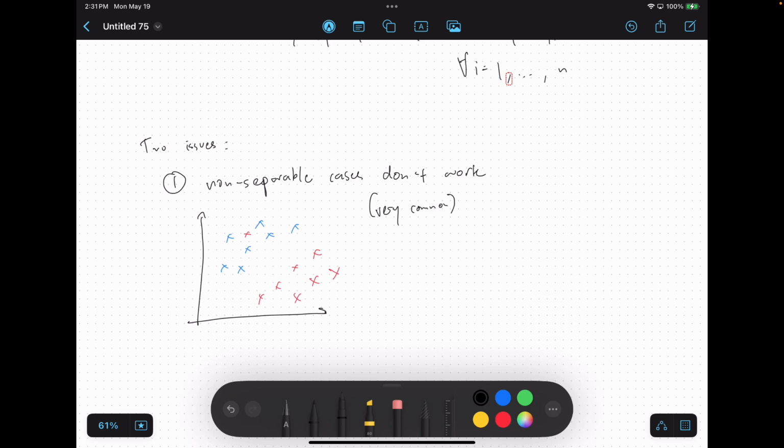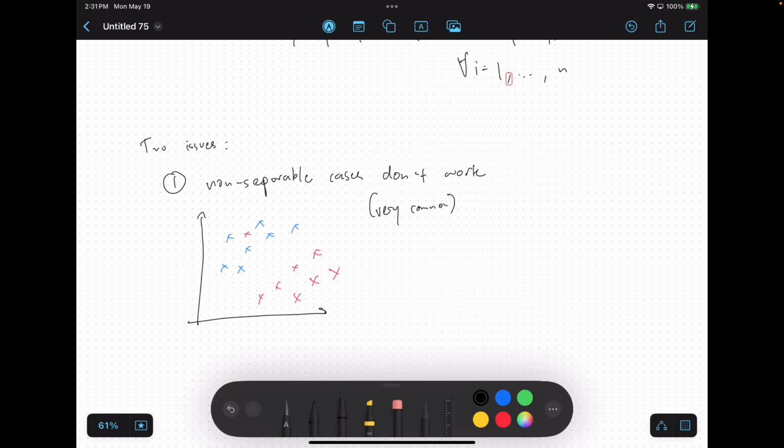So back to the maximal margin classifier. Non-separable cases are one particular issue where you simply would not have the ability to create a classifier using the maximal margin case.